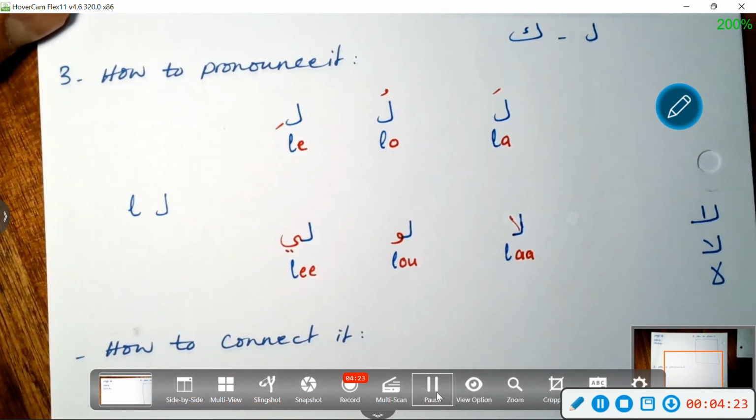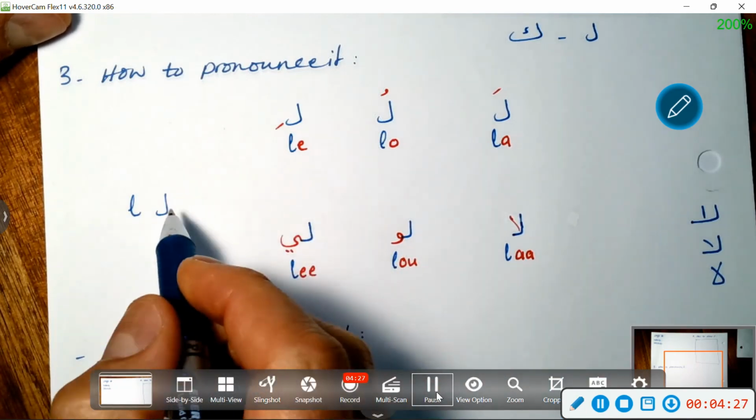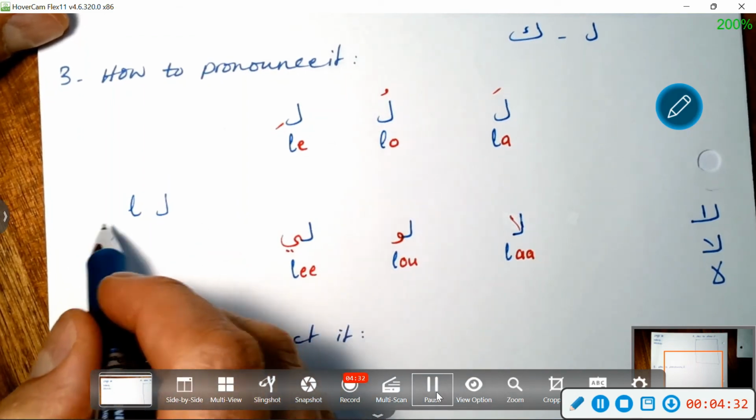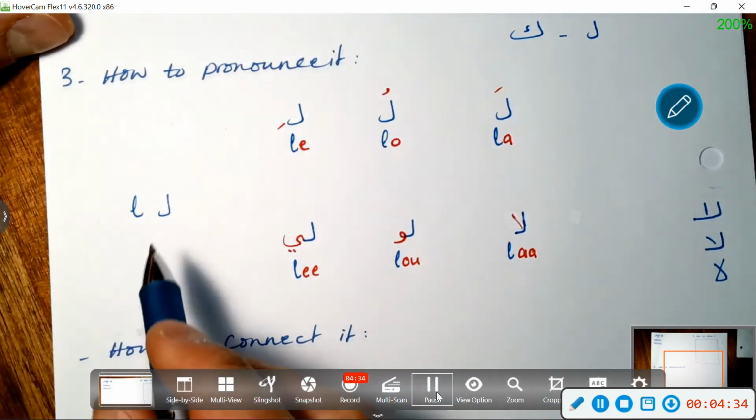One extends to the left, one extends to the right, because in Arabic they write from right to left and English from left to right, but both look alike.